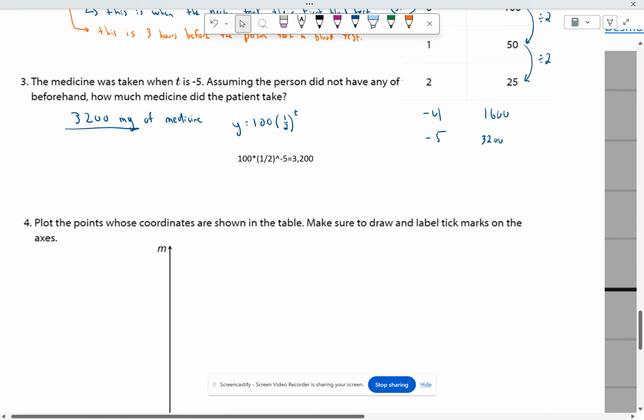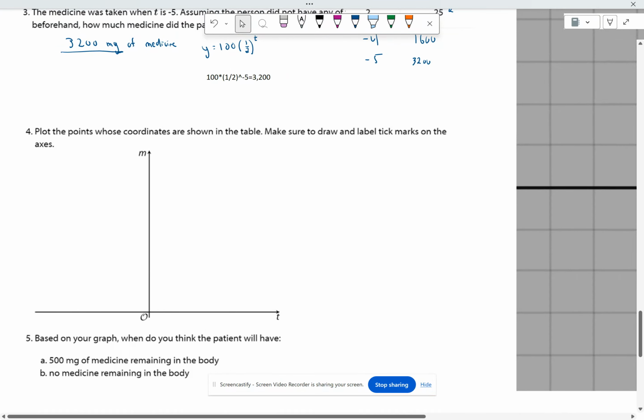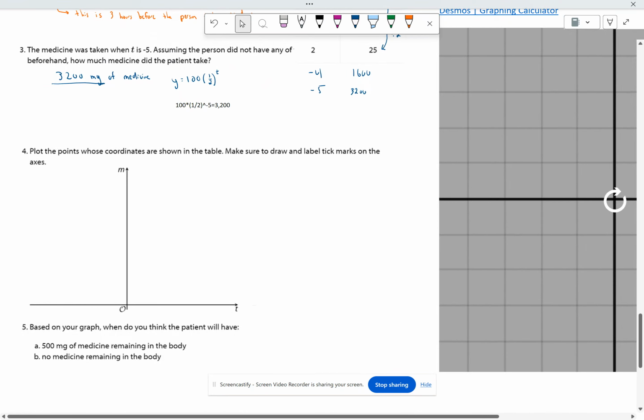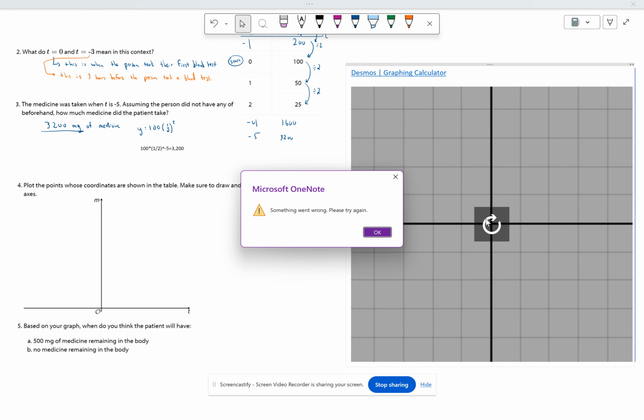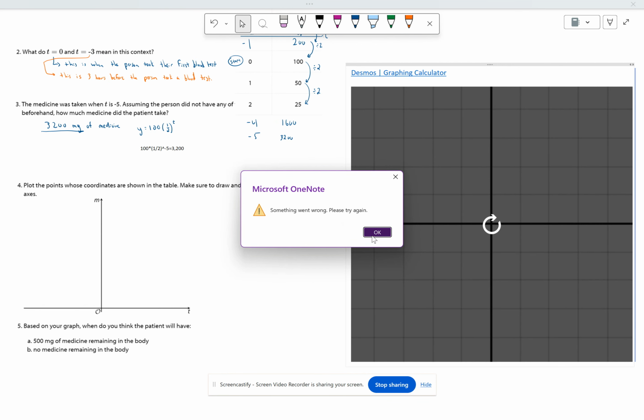Mg, not My. So it asks us now to plot the points whose coordinates are shown on the table. Make sure to draw a tick mark. So what I'm going to do here is just do this on Desmos so we don't have to draw it. It'll be a little bit easier.